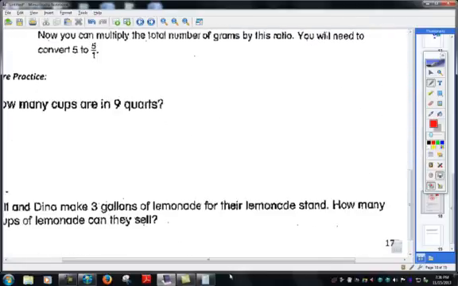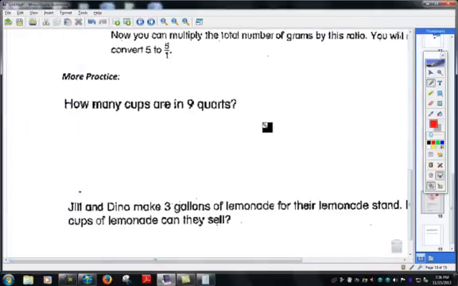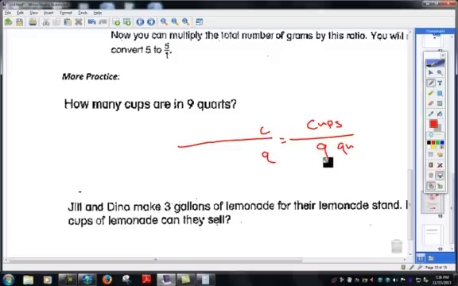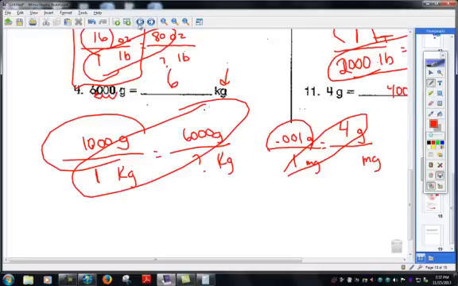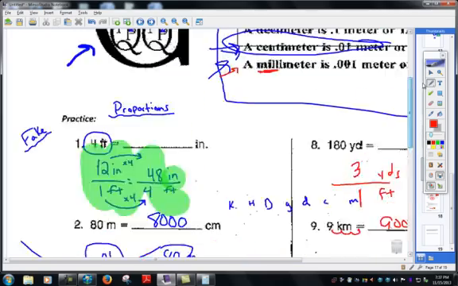Okay, let's skip this one. How many cups are in 9 quarts? Okay, so now we're comparing cups to quarts. And then that means this ratio is also going to be cups to quarts. 9 quarts is what we're given, and I need to know how many cups there are. So I got to go back to my conversion factor, the big G that I drew up here. There it is.